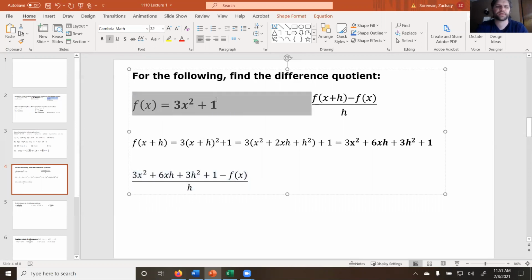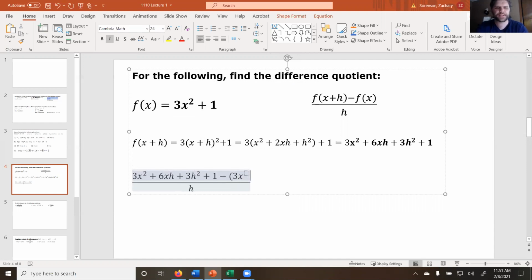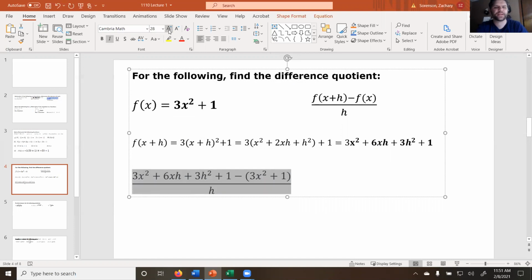We talked about that. That's right here. Plug that in as well. Make sure you put that in parentheses because otherwise you might not distribute your negatives correctly. Everyone good with that? A lot of things just happened there, but really at the end of the day, all I did was take what I found here, put it in here, and then took my function, put it in there. Nothing else. Everyone good with that?